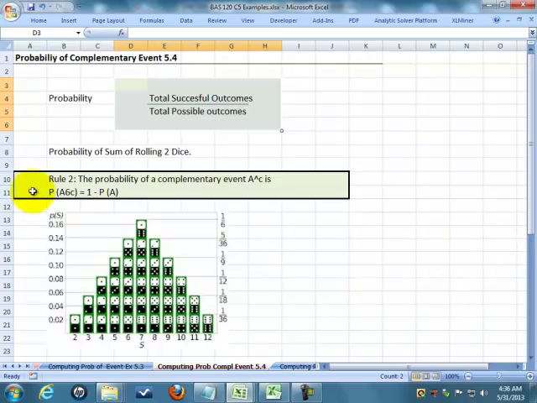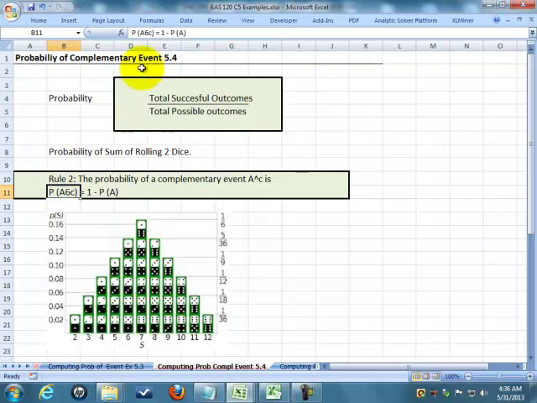Now let's talk about the complement of an event. That's rule number 2, the probability of a complement. A complement is it not happening. So what's the probability that I don't roll a 7 or 11? Well, it's simply 1 minus the probability that I will.